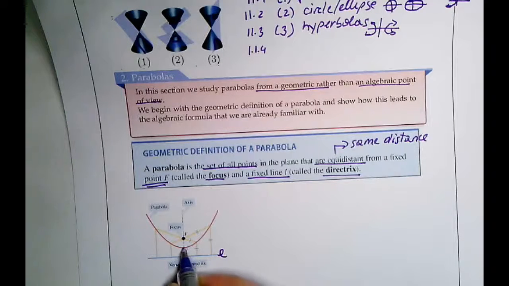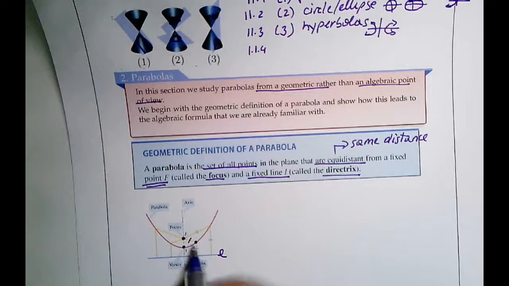The first point that is equal distance from F and from L is the vertex right here. If you look at any point, if I look at this point right here, the distance from it to the focus and the distance from it to the line L is the same.